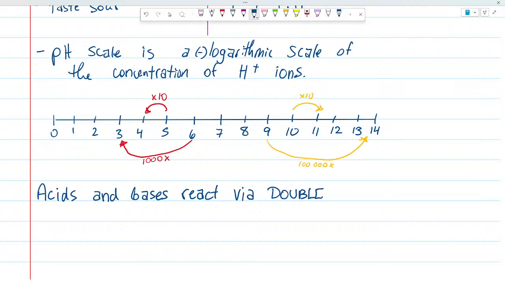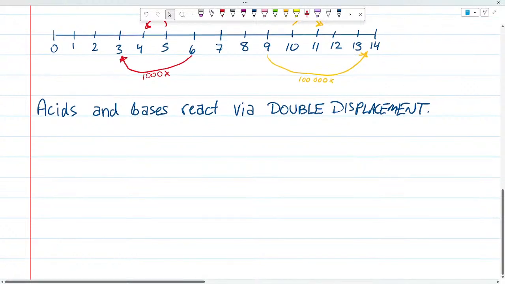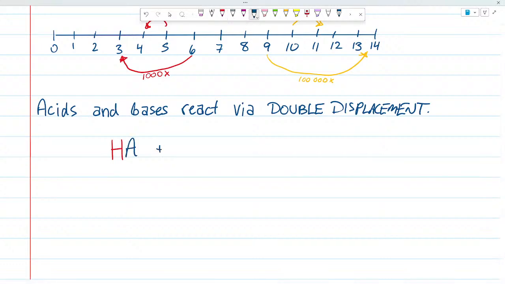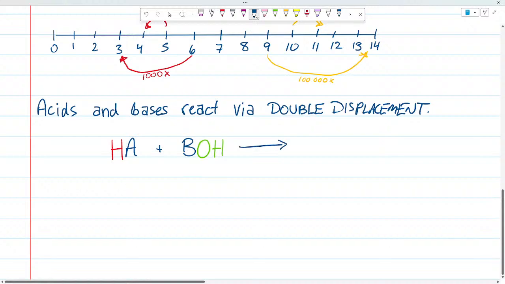Now we give it a special name. We call them acid-base reactions, but that is just semantics. The reaction mechanism is one with which you are familiar, double displacement. And we'll give you the general form here. We said that the acid has some acidic hydrogen, so we call it HA, and then we said the base has its OH- ion.